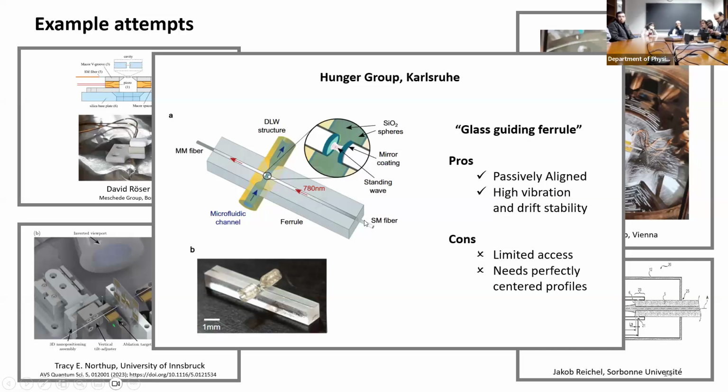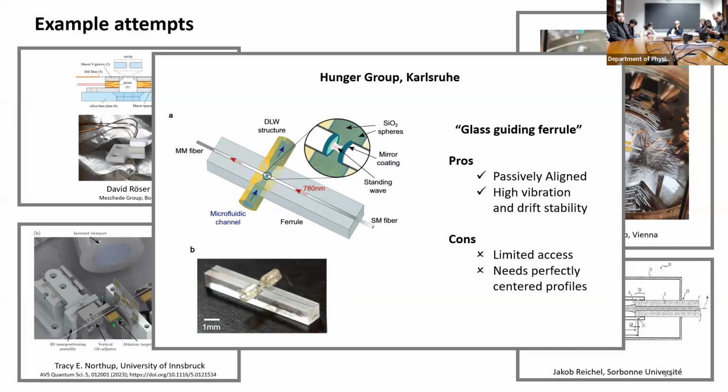You can see it on the image and also in the diagram. One fiber will come from this side, and the other from this side. And then they have also drilled holes on either side to get inlets for whatever measurement fluid they're measuring. In this case, silicon dioxide spheres. Whatever you want to measure, you want to have inlets for this. And they have high vibrational drift stability.